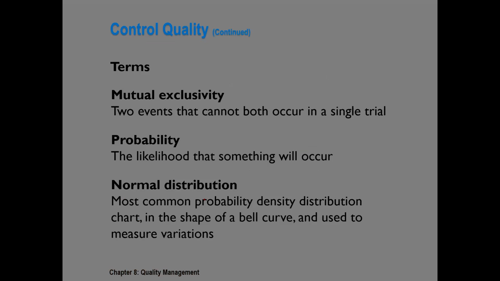Before going in depth into control quality and its tools, let's talk about a few concepts. They are linked with statistics as well, but are used in quality. The first term is mutually exclusive. What do you think, guys? What does it mean, mutually exclusive?